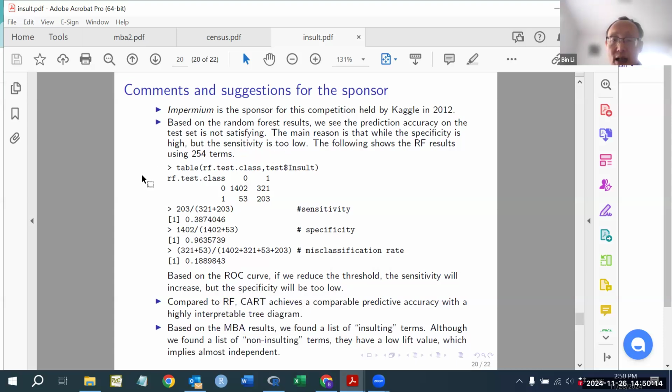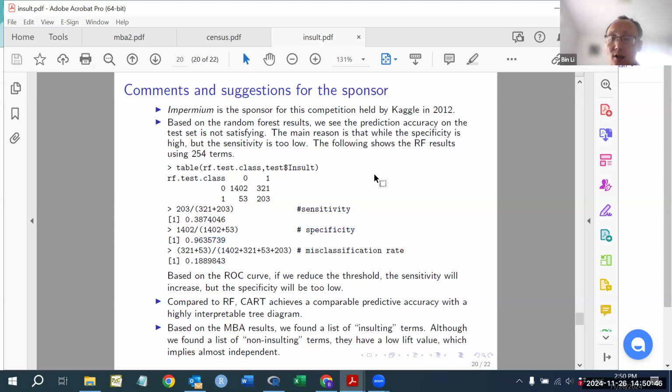Here I'm showing the sensitivity and the specificity based on the random forest classifier results using the 254 terms, that means after filtering those irrelevant terms through the chi-square test. You can see the sensitivity is only 38%, while the specificity is over 96%.